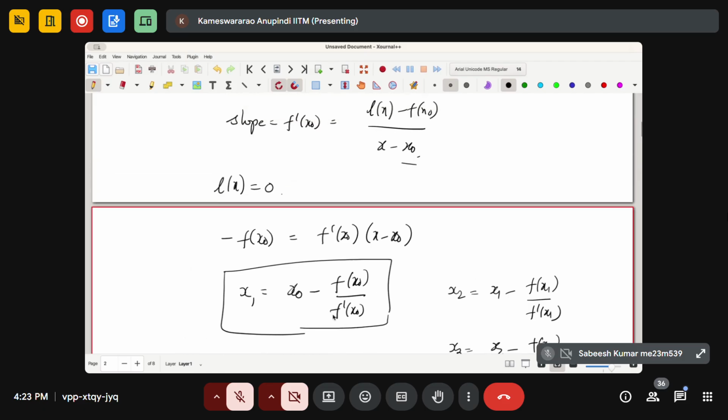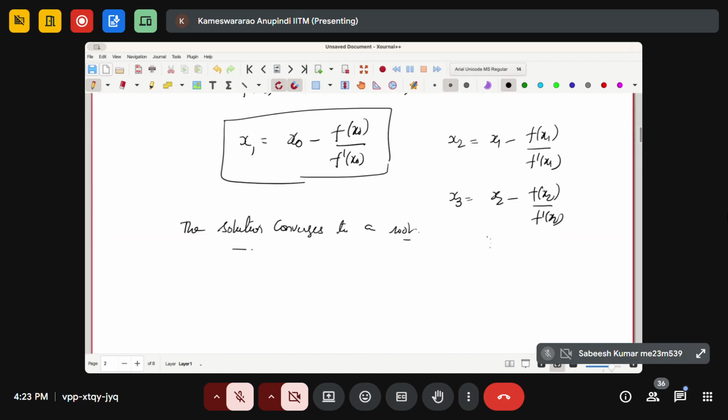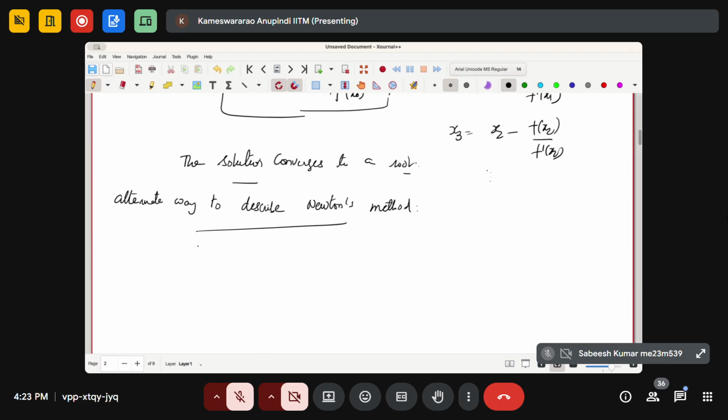Now, of course, Newton's method can be thought of in multiple different ways. This is one way to think about this thing. So an alternate way to describe or to understand Newton's method is basically, let us say I have this function f of x naught, and I know that f of x naught is not equal to 0, but I want to correct the x naught, the initial guess, with some h value, which will make the function value equal to 0, right?